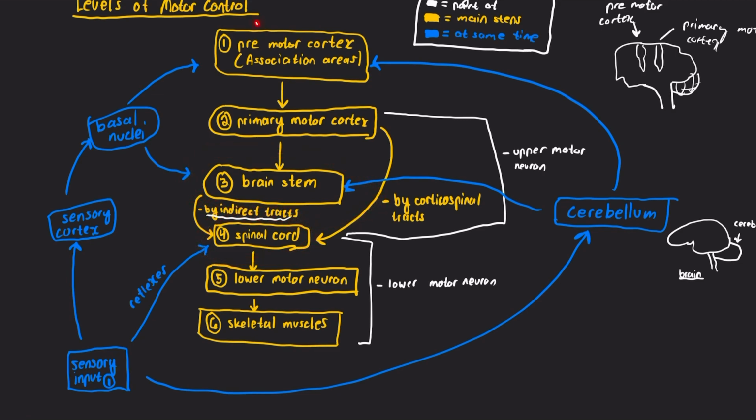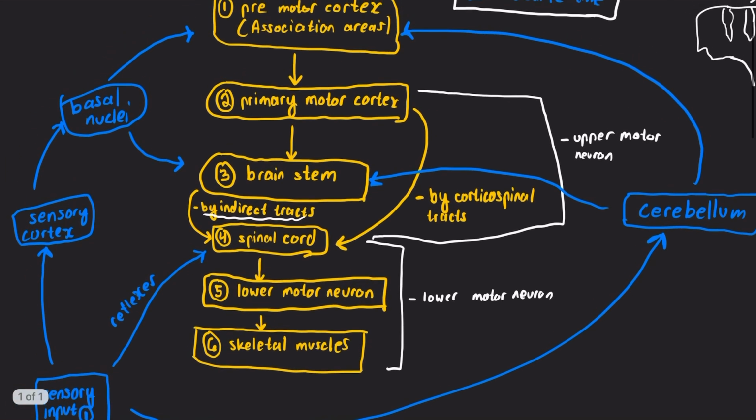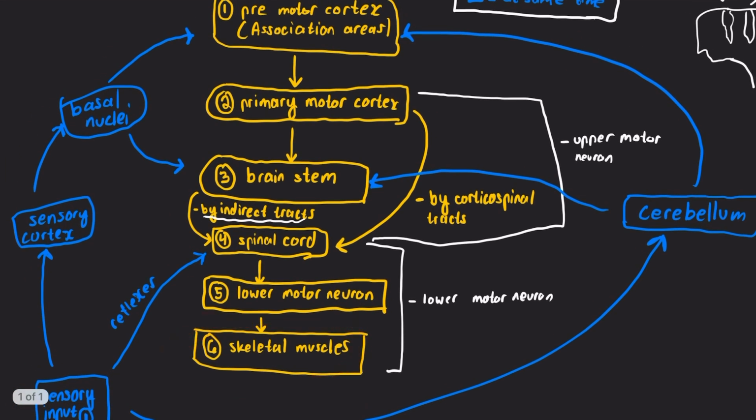These three areas, the premotor, the brainstem, and the spinal cord, are where the sensory input, via reflex or via another component, will travel to. So these are its main destinations, which will influence what will happen in the motor control of our skeletal muscle.